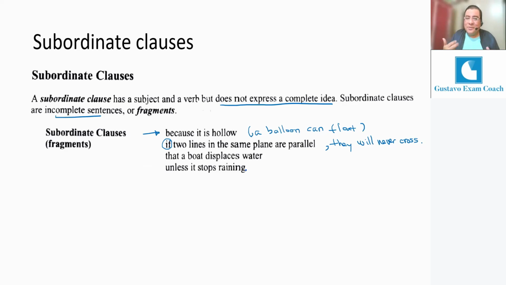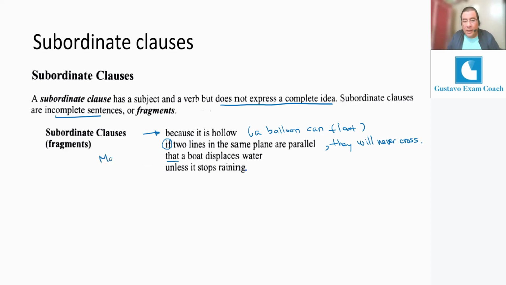Let's try a third example of a subordinate clause. "That a boat displaces water." Okay, a boat is a subject, displaces is a conjugated verb, but this is not a complete thought because it has that before. And that, as a relative pronoun, might imply that this is what someone is saying.